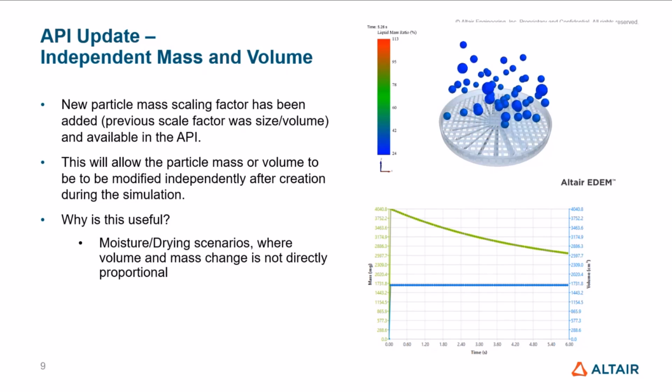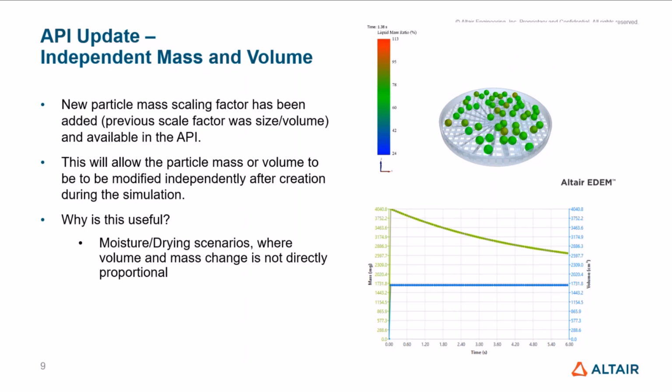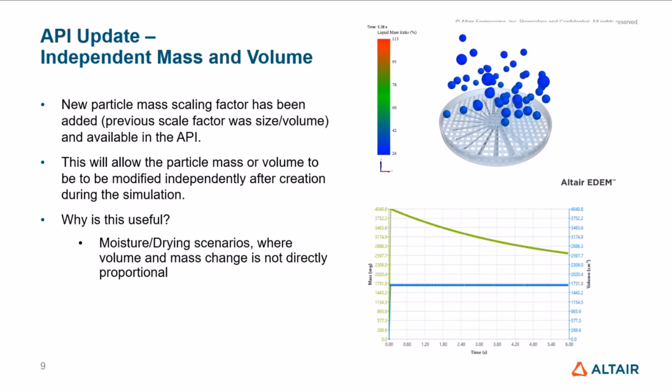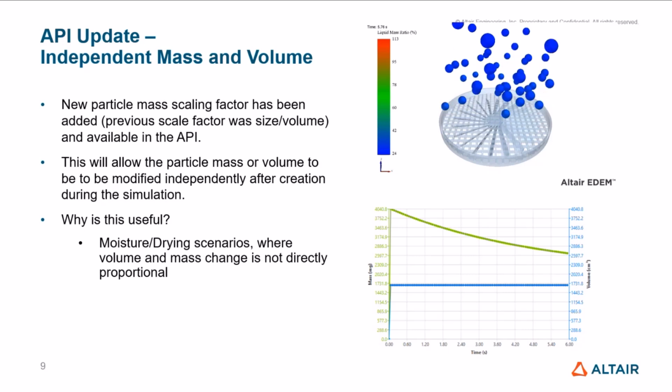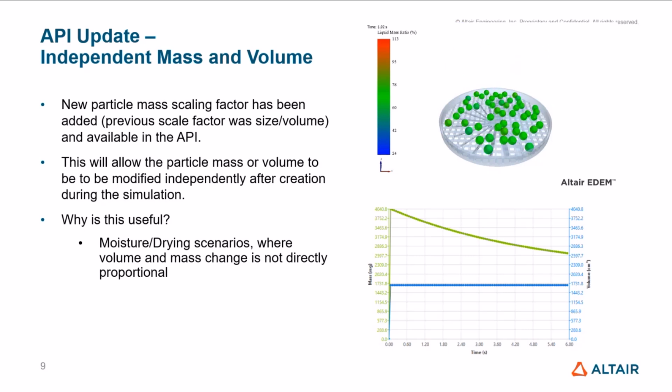So the video that you can see here is a quick demonstration of drying. So there's a simple fan there just to indicate that there is some movement of air. But really what's happening is that the mass of the particles is being altered via this new method. So it's a mass scaling factor.